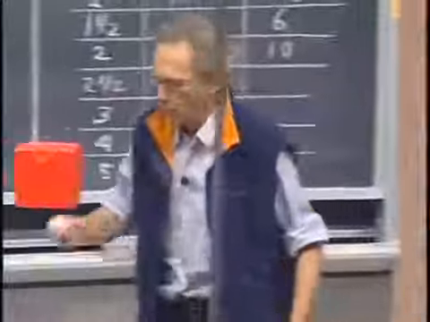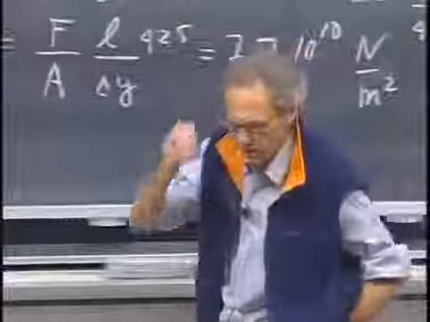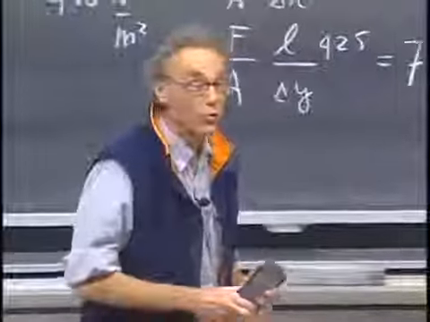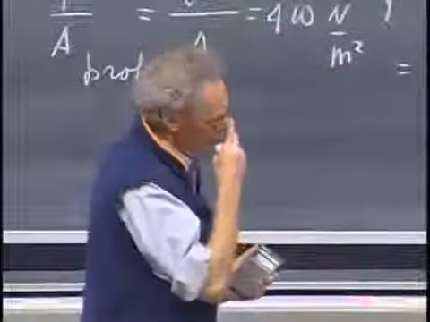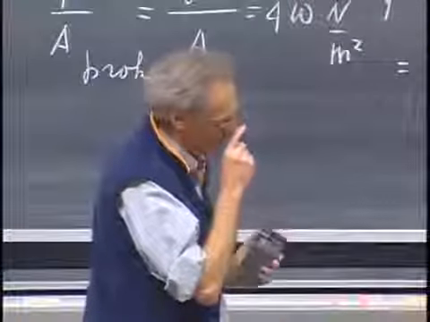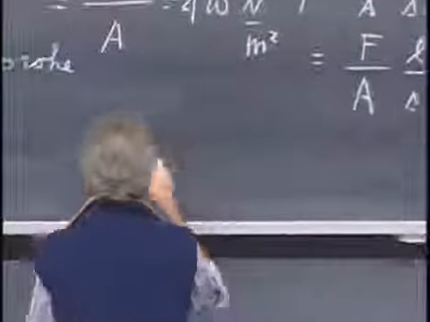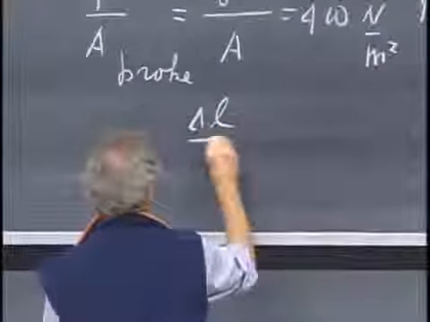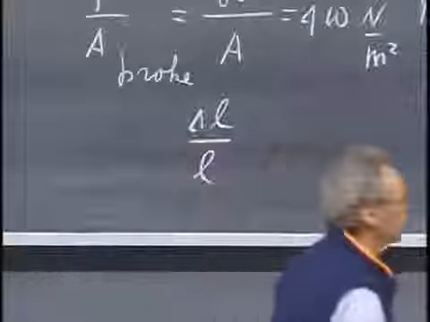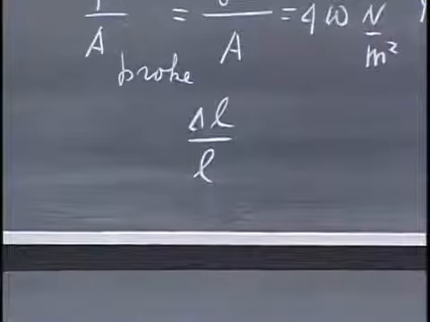The percentage strain is actually extremely low in the portion where the curve is linear. You can ask yourself the question, what is delta L divided by L in terms of percentages during this portion?